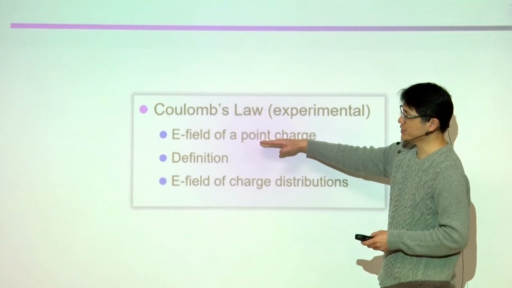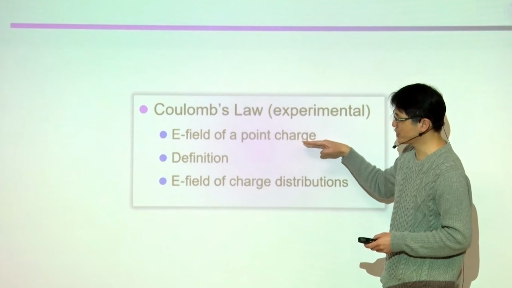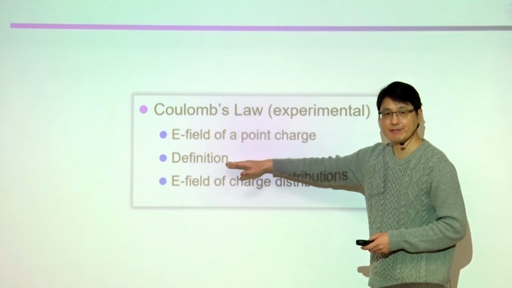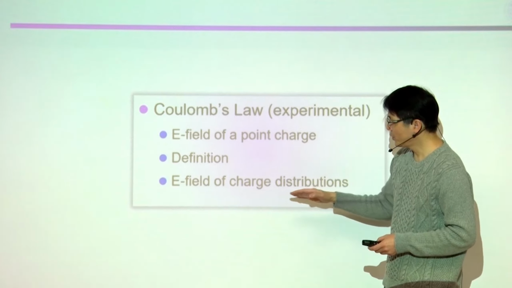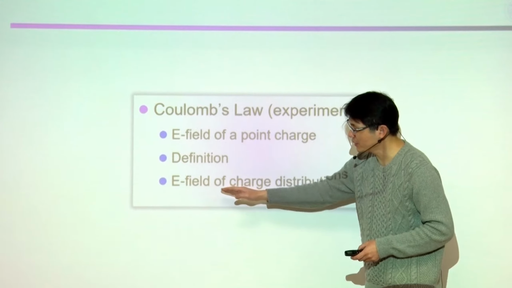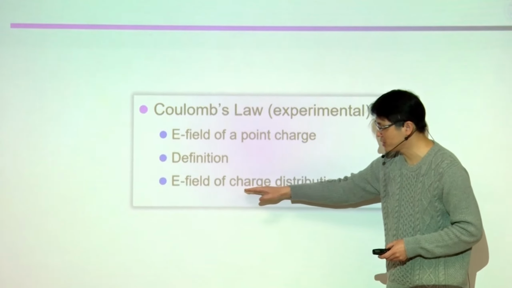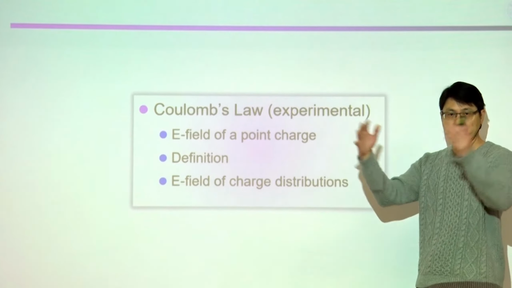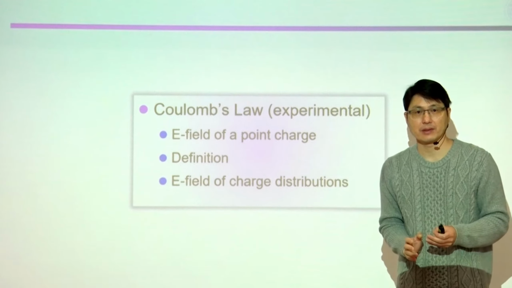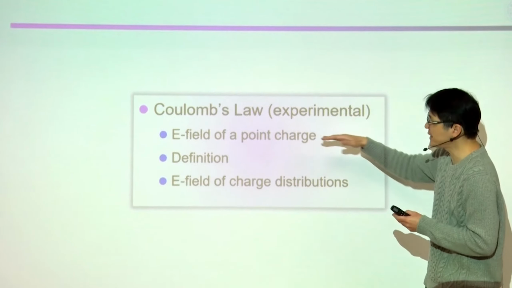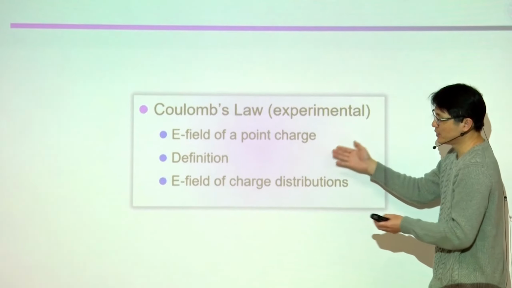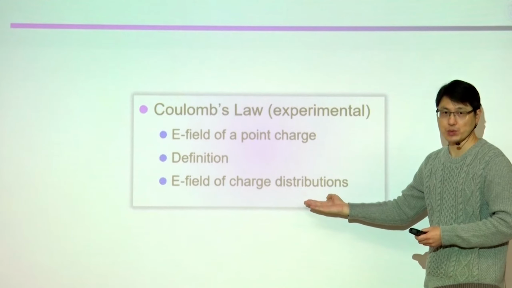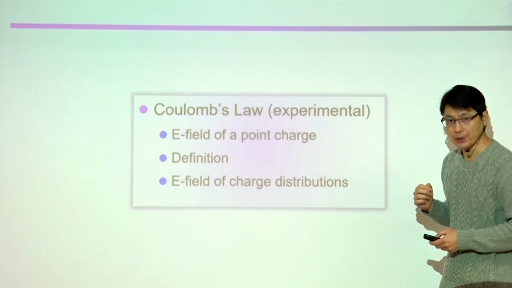After we find the E field of the point charge, I'll give you the definition of Coulomb's law. Then we can use Coulomb's law to find the field distribution for some charge distributions. Okay, so we start from a point charge, and gradually we expand to charge distributions. Right?